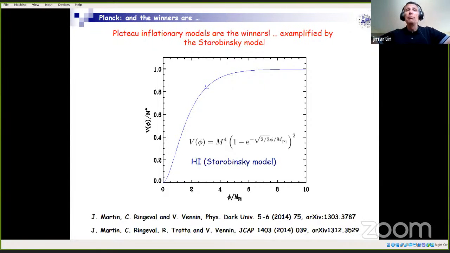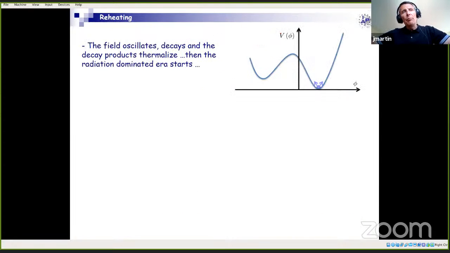Another aspect of this observational status is that inflation does not only consist in the phase of accelerated expansion, but it's also very important to be able to stop inflation. And this is, of course, the phase of reheating. So usually this happens in the following way. Your field slowly rolls down its potential, but at some point, the potential turns out to be no longer flat enough to support inflation. In that case, inflation will stop. Usually this happens in the vicinity of the ground state of the system, so the minimum of the potential.